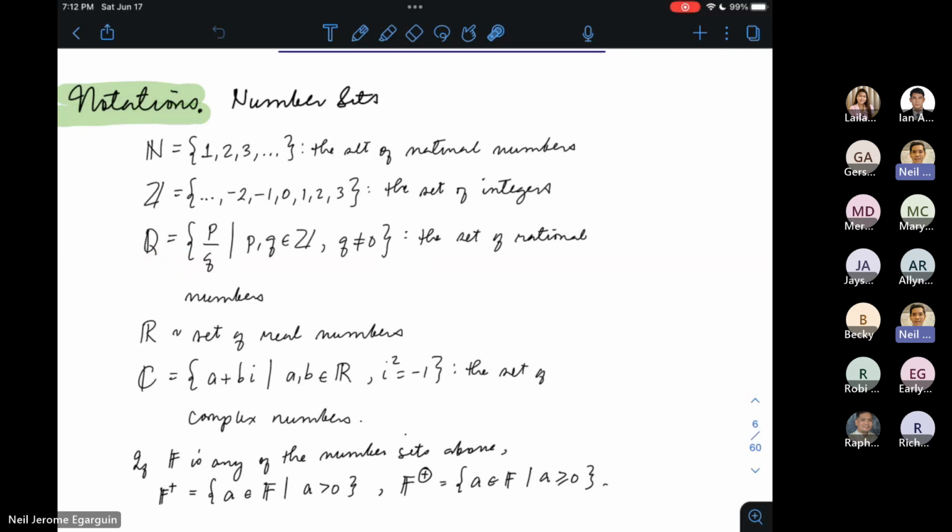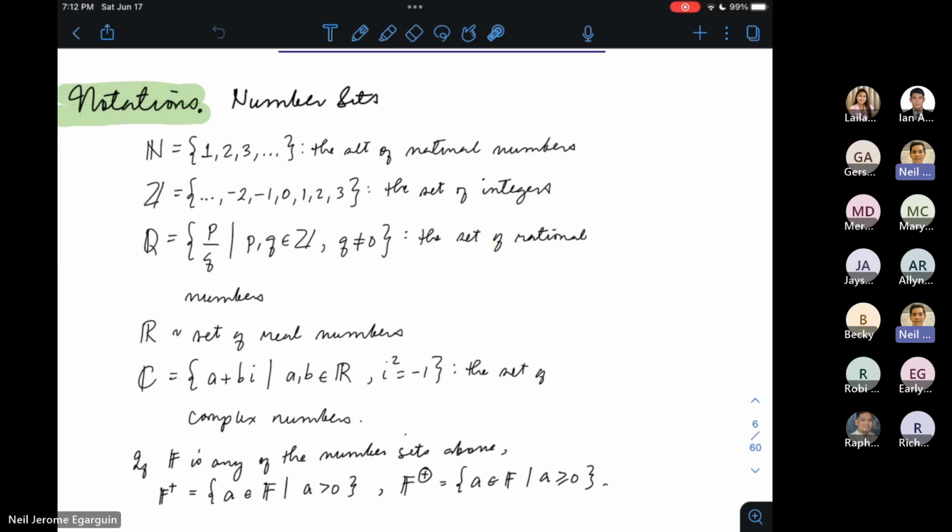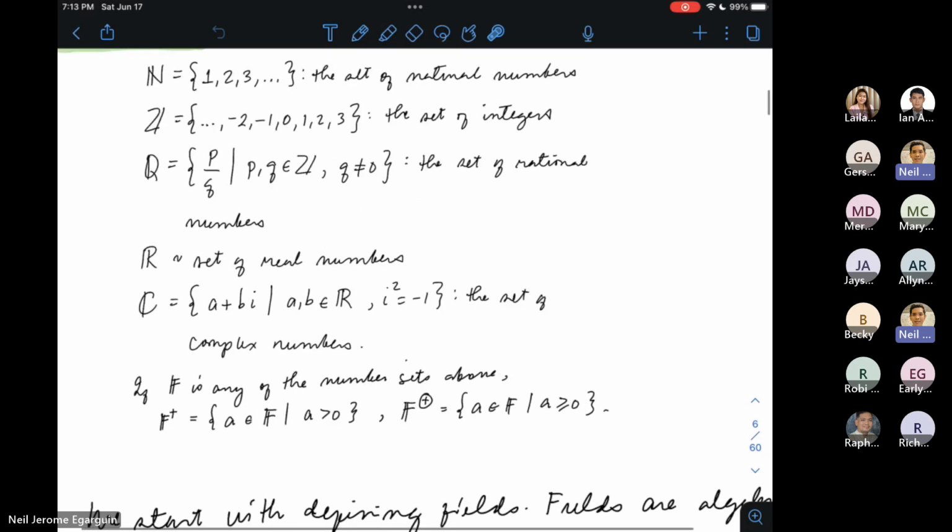And then probably we'll use Q^C for the set of irrational numbers. Ito naman yung mga hindi kayang i-express as a fraction. So then I'll use the superscript C para i-denote yung complement ng isang set. All right? And then R is the set of all real numbers.